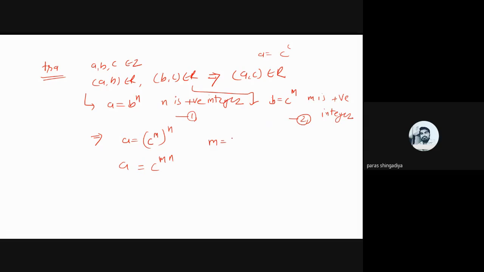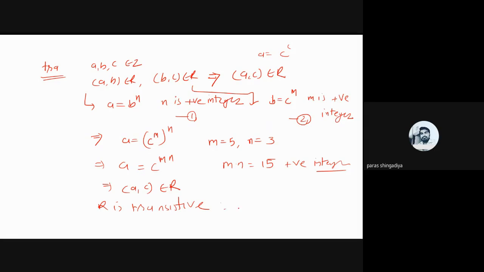If we consider m is equal to 5, n is equal to 3, both are positive integers, so m into n is 15, and 15 is also a positive integer. You will never get a non-integer value there. So m into n is also a positive integer. So here we prove that a is equal to c raised to mn. What does it mean? We can say that a comma c belongs to R, and that is required. So we can say that R is a transitive relation.